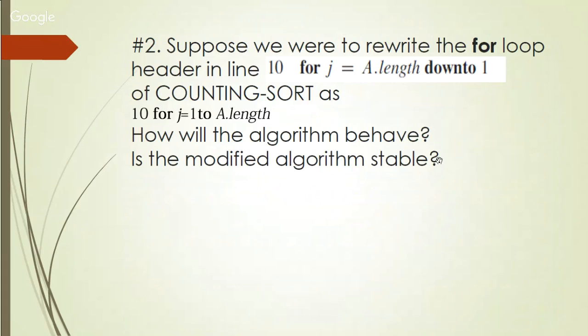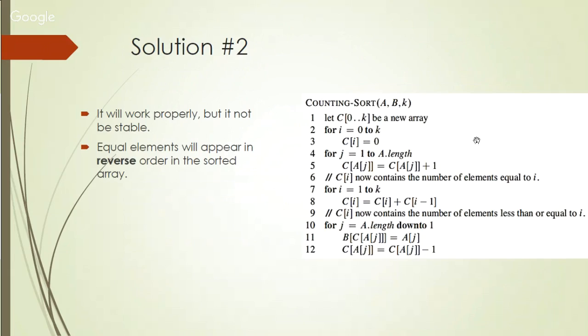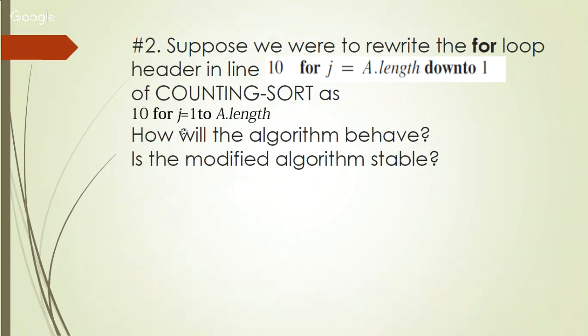So that is the question you're asking. Well, in essence, the solution is it will work properly, but it will not be stable. Why would it work properly? Notice that what you're proposing is to change the for loop from 1 to the length of the array.